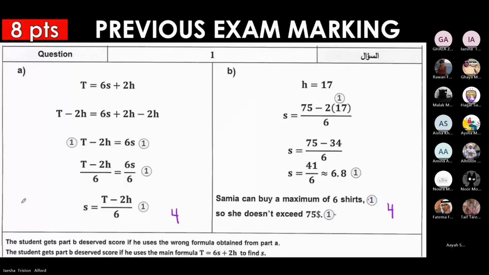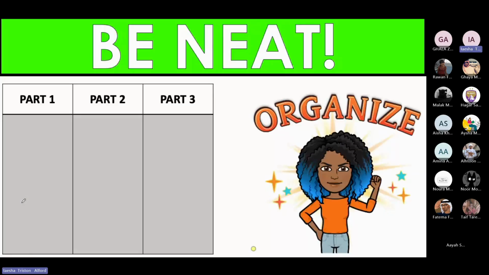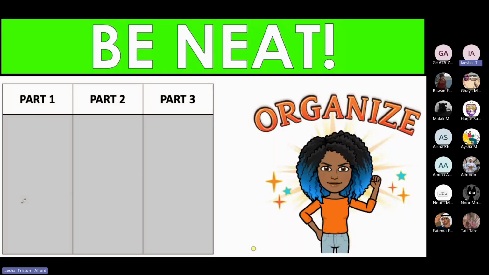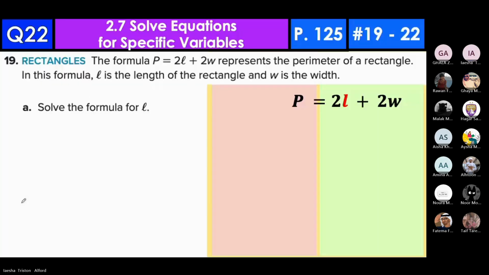Okay. So, how many parts to do this question correctly in the exam? It's going to take you 3 parts. Part 1, we have to solve this formula, they want L. So what's our step? We want L. Subtract 2W both sides.